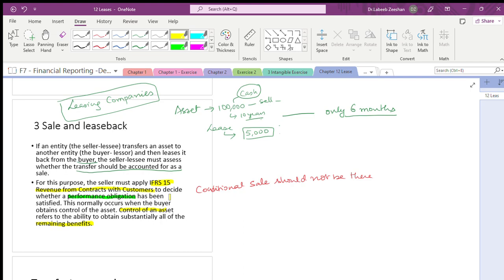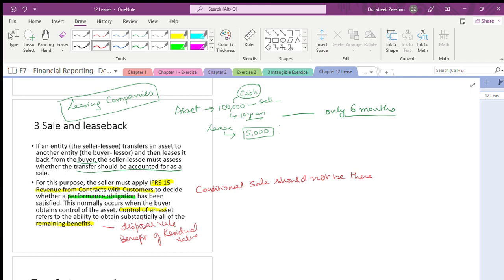What are the benefits? A simple benefit is the disposal value, the benefit of the residual value. These are the benefits naturally, and the buyer has to get them.